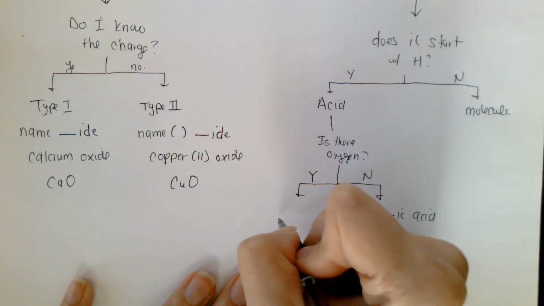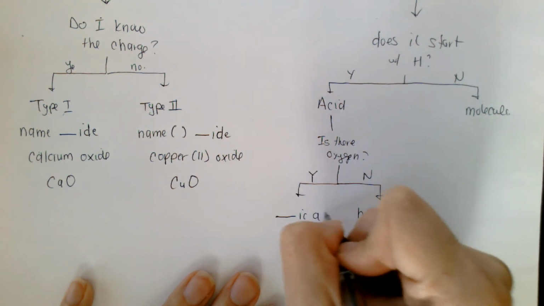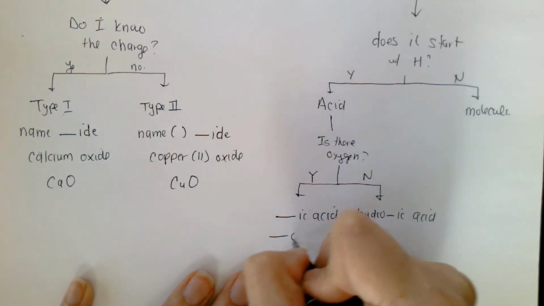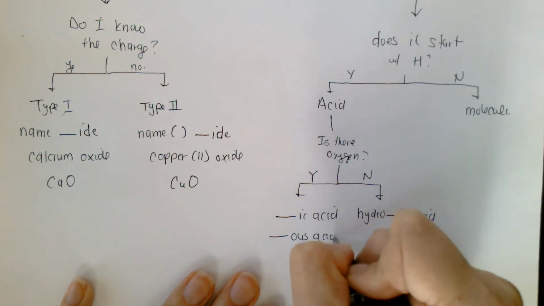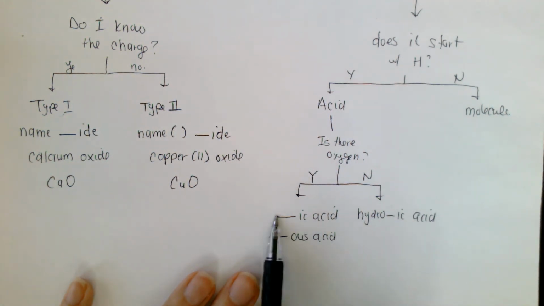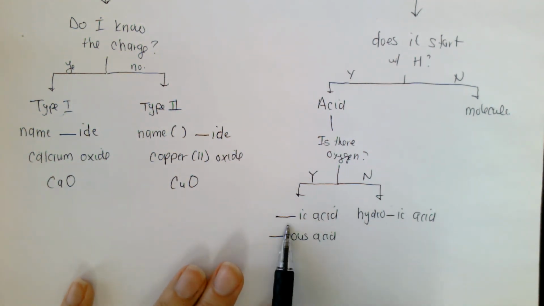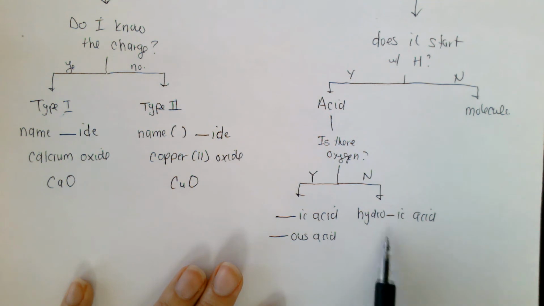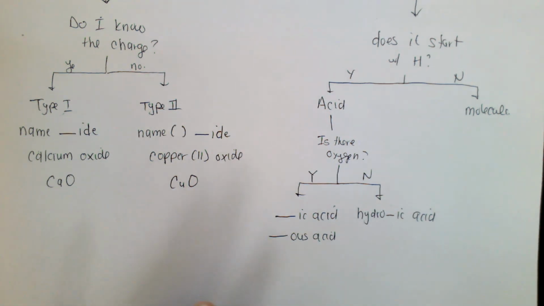If your answer is yes, you're going to have blank-ic acid or blank-ous acid. So these are our oxyacids, where if it's an -ate, it becomes an -ic acid, and if it's an -ite, it becomes an -ous acid. And if it's no, then we have the formula hydro-blank-ic acid.